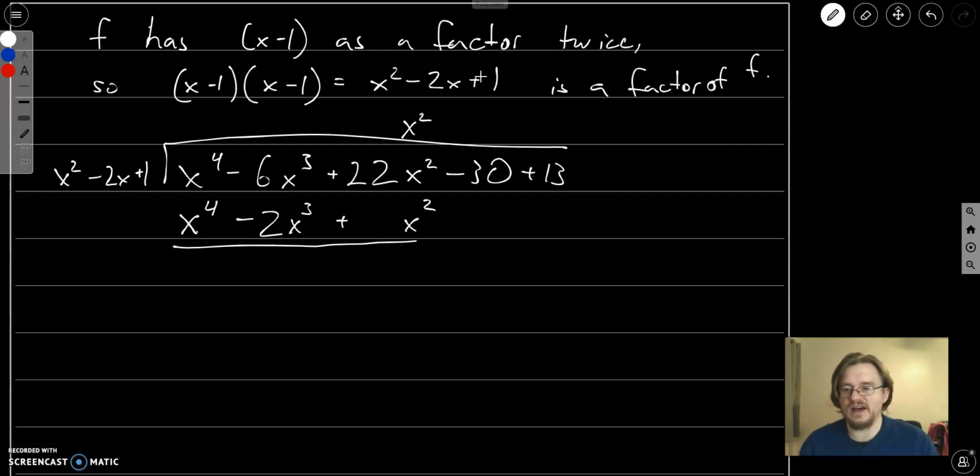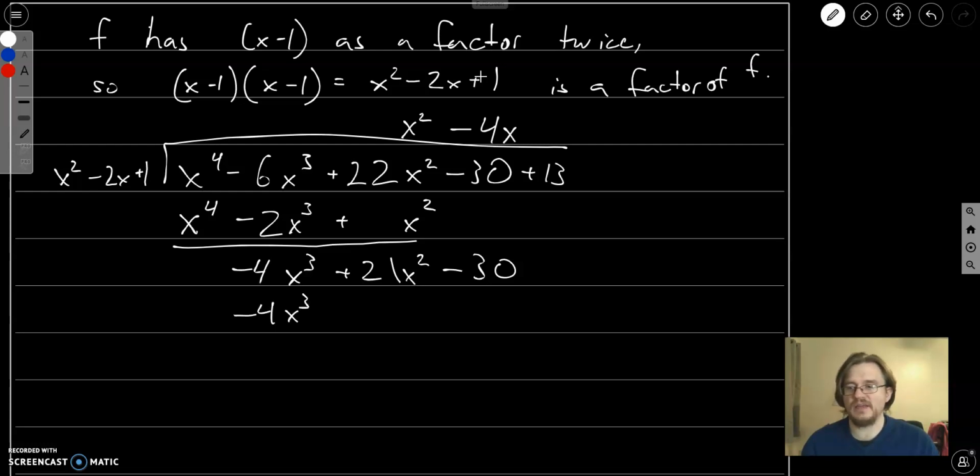So now I'll subtract. Negative 6x cubed minus 2x cubed, I'm subtracting a negative, so this will be minus 4x cubed. 22x squared minus an x squared will be 21x squared, minus 30x. So we have minus 4x cubed divided by x squared, which will be minus 4x. So minus 4x times the x squared will be minus 4x cubed. Minus 4x times minus 2x will be plus 8x squared.